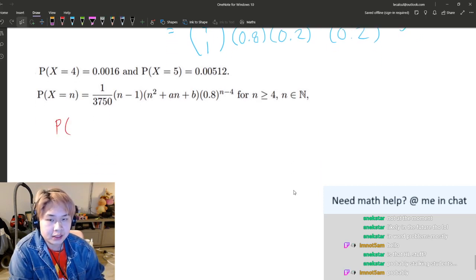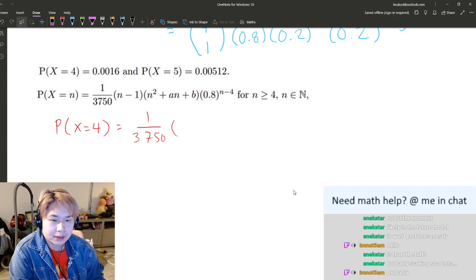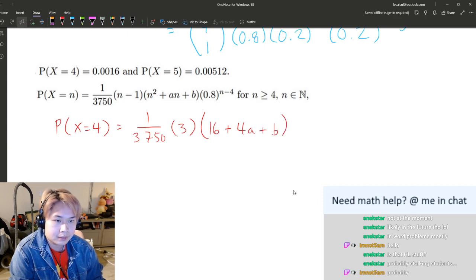So p of x equals 4 is equal to 1 over 3750 times 3 times 16 plus 4a plus b times 0.8 to the power of 4 minus 4, which is 0, so I guess this is nothing.